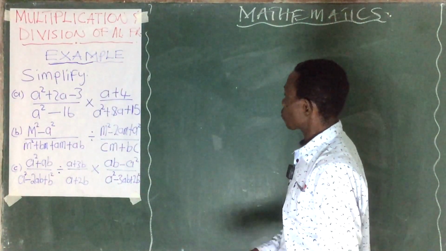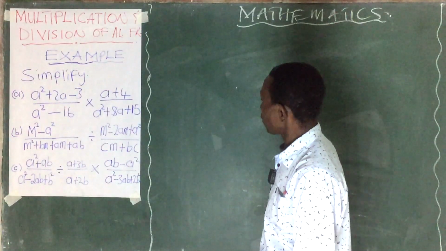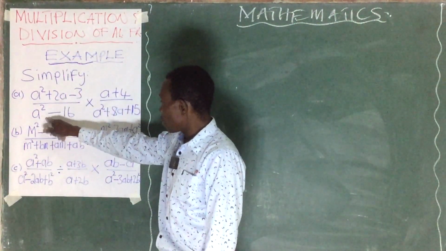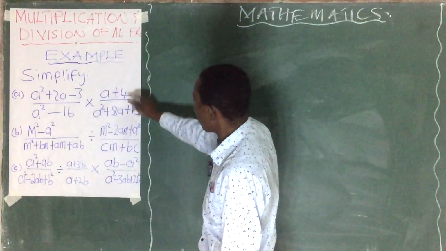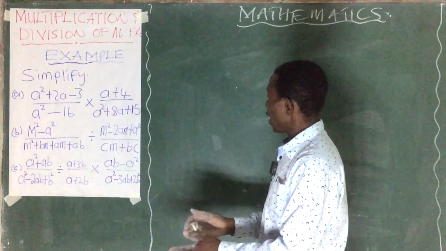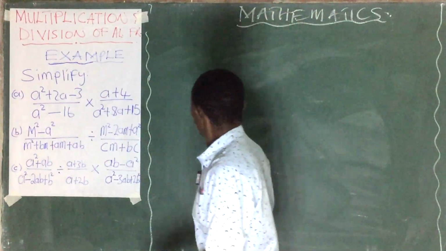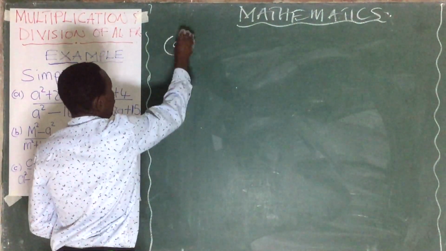Right, so here we have the first one, where we are asked to simplify: a squared plus 2a minus 3 over a squared minus 16, multiplied by a plus 4 over a squared plus 8a plus 15. So let's see that one. I'll write it here.